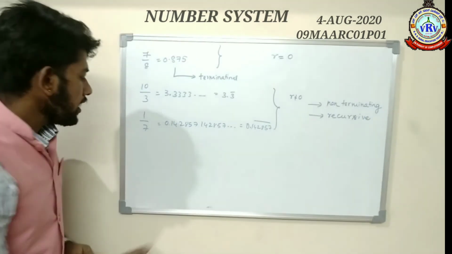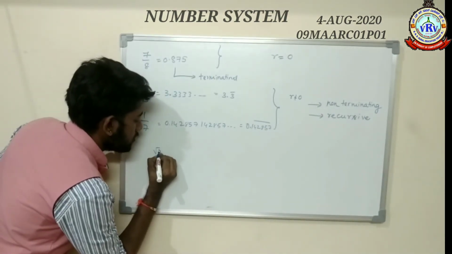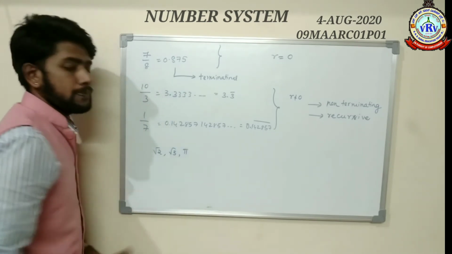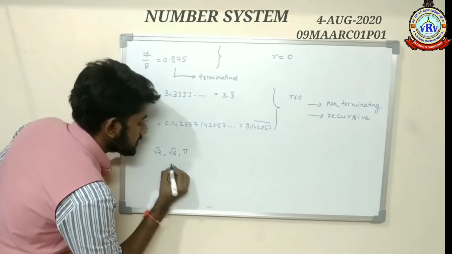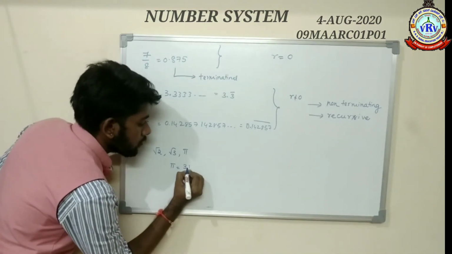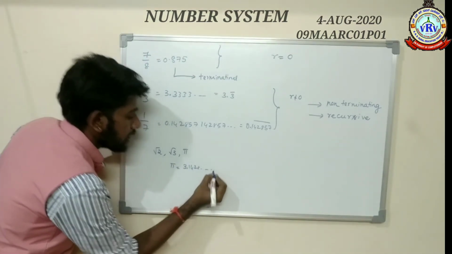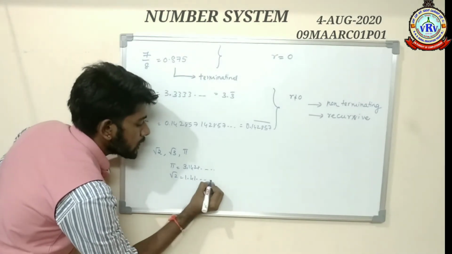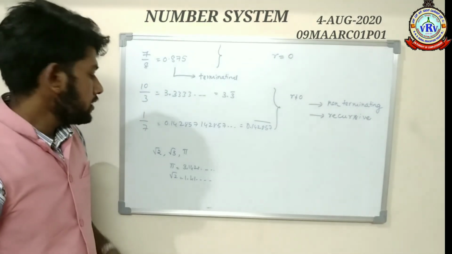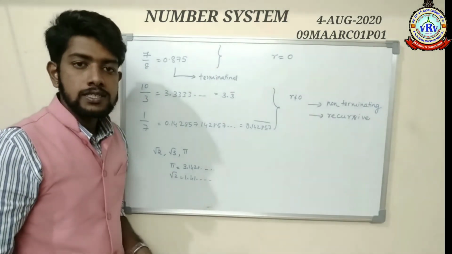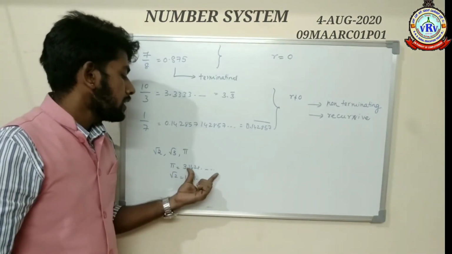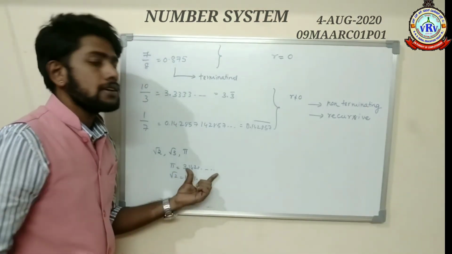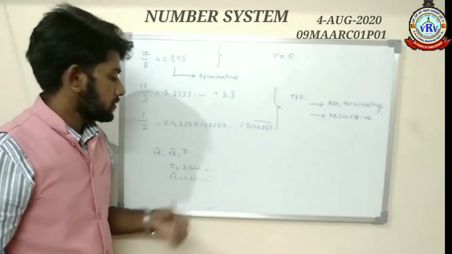So I have one more kind of number, root 2 or root 3 or pi. The value of pi is 3.1428 and so on. The value of root 2 is 1.41 and so on. Here in the decimal expression, after the decimal point there are infinitely many digits and no repetition in the blocks of digits.